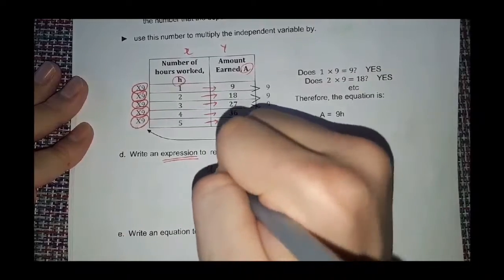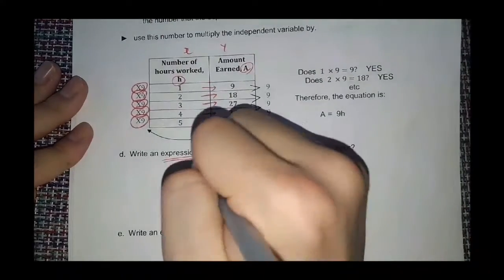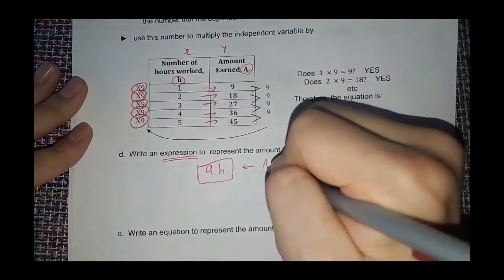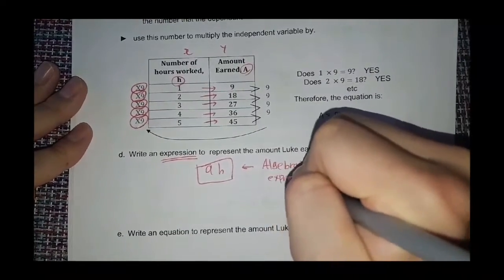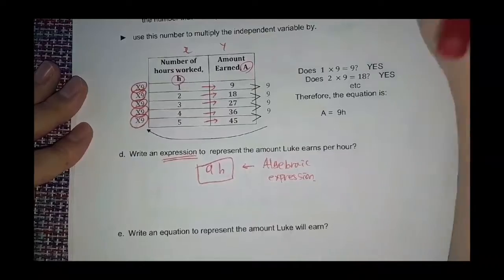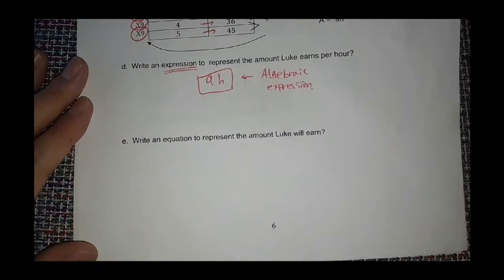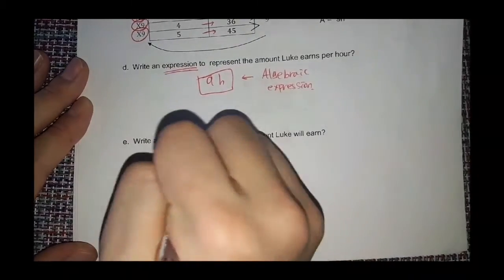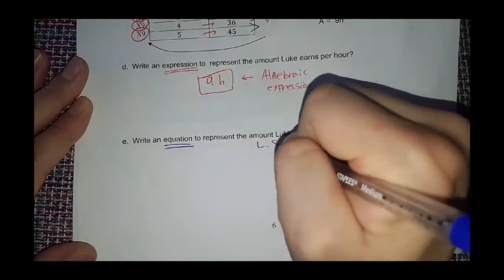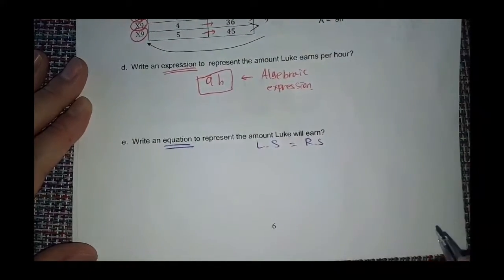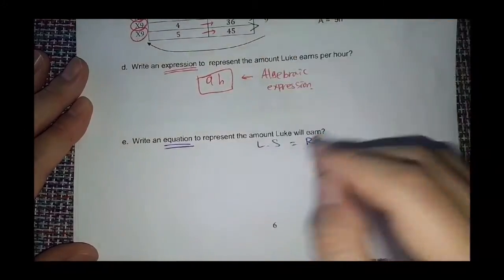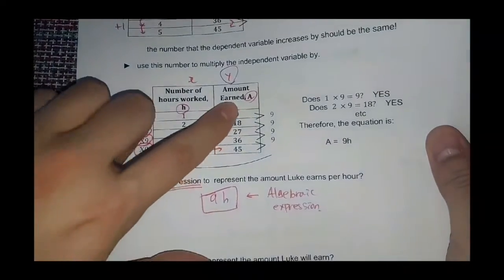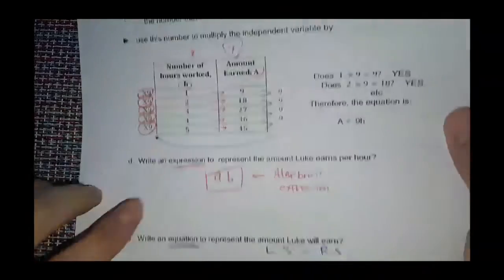So it's 9h, my algebraic expression. Know the fact that in a relation, we're not talking about expression only. We need to eventually make it into an equation, where my left side is equal to my right side. And generally on the left side, we put our dependent variable, in this case a.